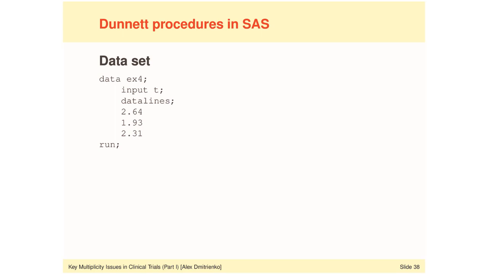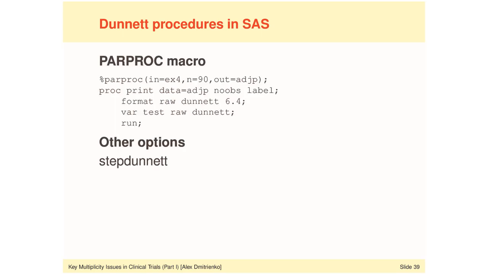Beginning with the SAS macro, we need to specify the hypothesis-specific test statistics. These statistics are saved in the dataset called EX4. The dataset EX4 is passed to the parametric macro along with the common sample size per arm. It is a required parameter, n is equal to 90 here, and the macro produces a dataset with multiplicity adjusted p-values.